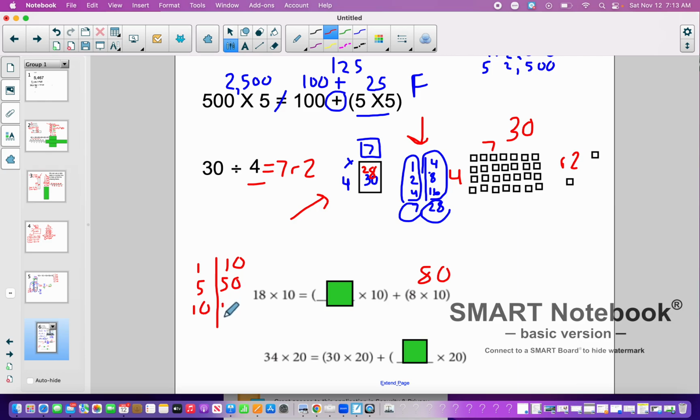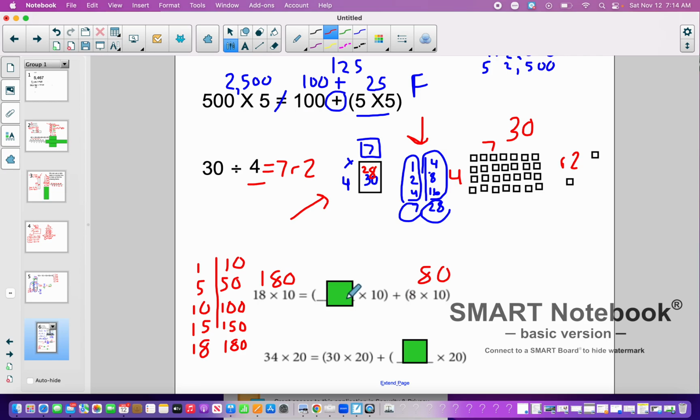Double this, I've got 100. 10 by 10 is 100. I'm going to do the 10 and 5. That's 15 times 10 is 150. Oh, I see the pattern. And if I keep adding 10, so 18 times 10 is 180. So you solve one side, and again, you can use these ratio tables. It's 180.